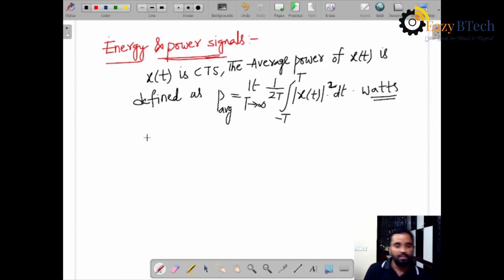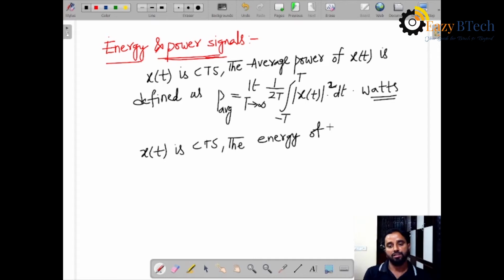Now in the same way we can define the energy of a continuous time signal x of t. So x of t is again a continuous time signal. Energy is defined as the energy of x of t.